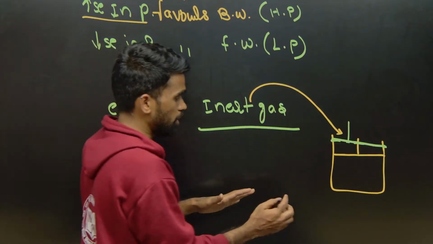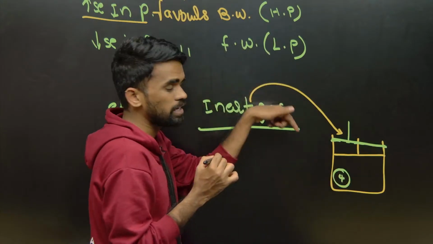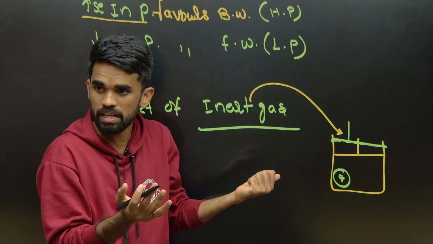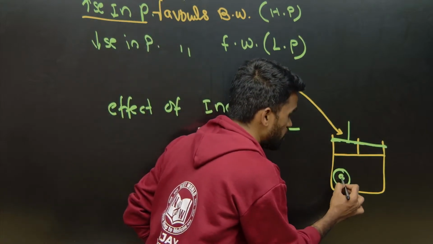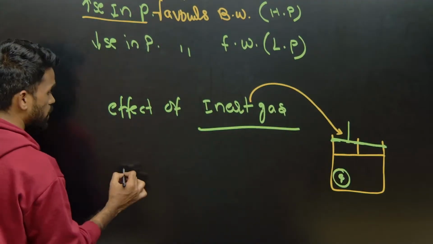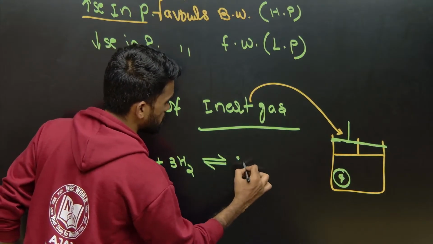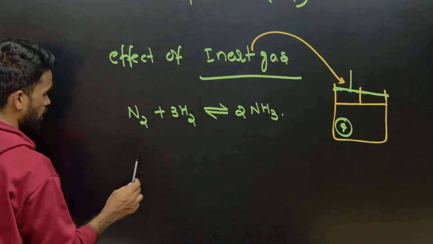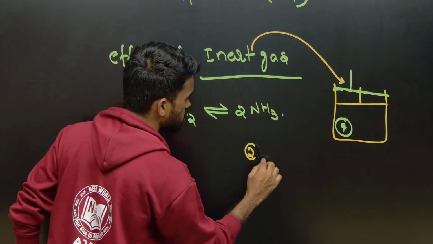Initially, for example, here we have 4. After diluting, the volume is increasing. If the volume is doubled, the number of moles present in unit volume becomes half. Take the same ammonia reaction: N2 plus 3H2 gives rise to 2NH3. Here we have 4 gaseous reactants and 2 gaseous products.